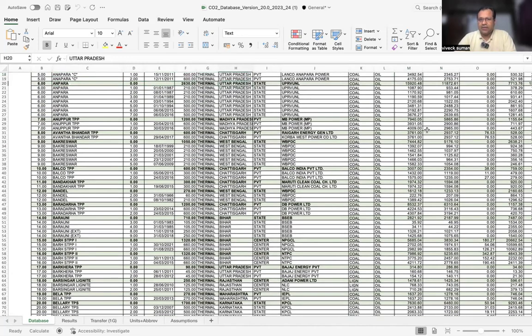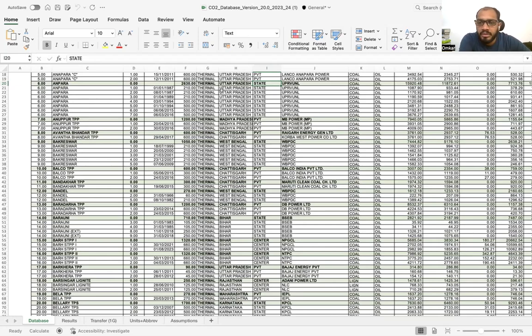Anpara is the location in Uttar Pradesh. UPRVUNL, which is a state body, right? They have 5 units of thermal power generators there. Is that clear? Yeah.